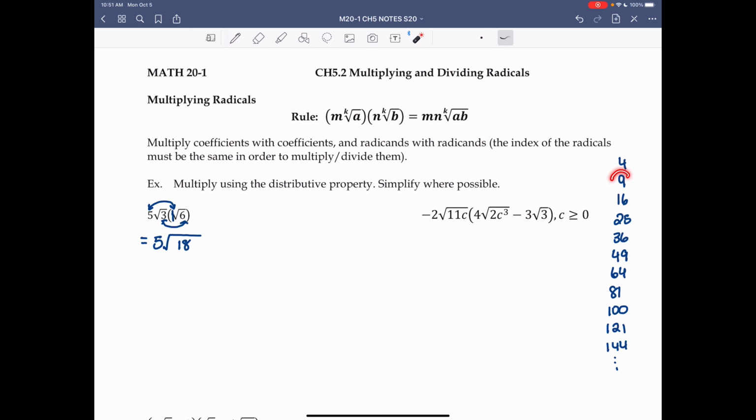And I see that 9 is a perfect square, so that's going to be my number. I get 5 times the square root of 9 times 2. I can evaluate the square root of 9 to get 5 times 3 square root 2. And 5 times 3 is 15. 15 square root 2 is our simplified answer.